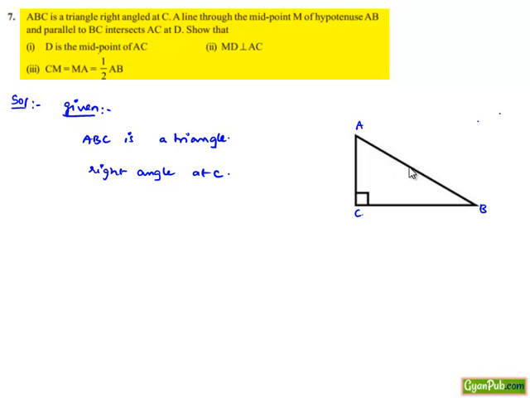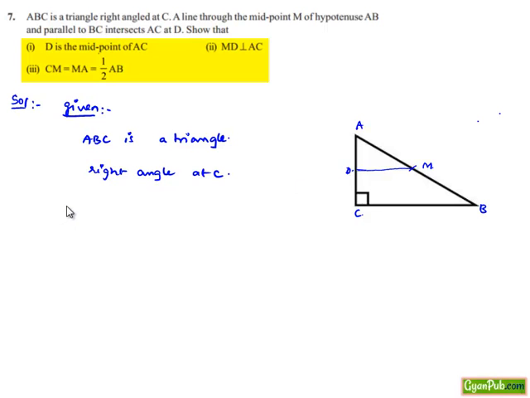He says that M is a midpoint of hypotenuse, let it be here, and he also says that a line through midpoint M of hypotenuse AB is drawn parallel to BC. That means let us assume that a line passing through M and parallel to BC, and he says that it intersects AC at D. This is the required figure for us.